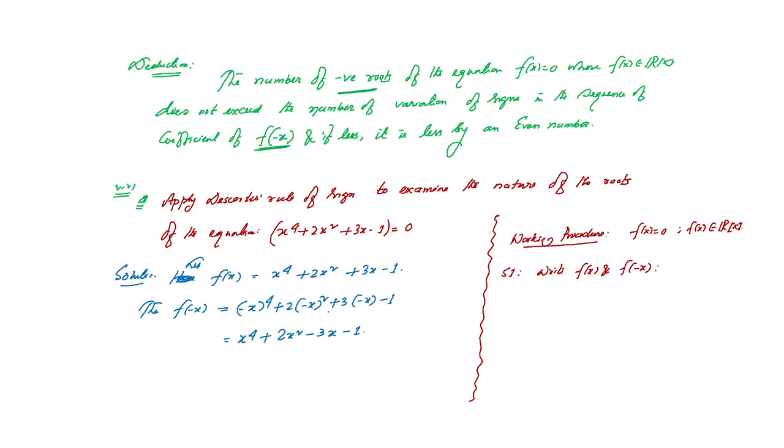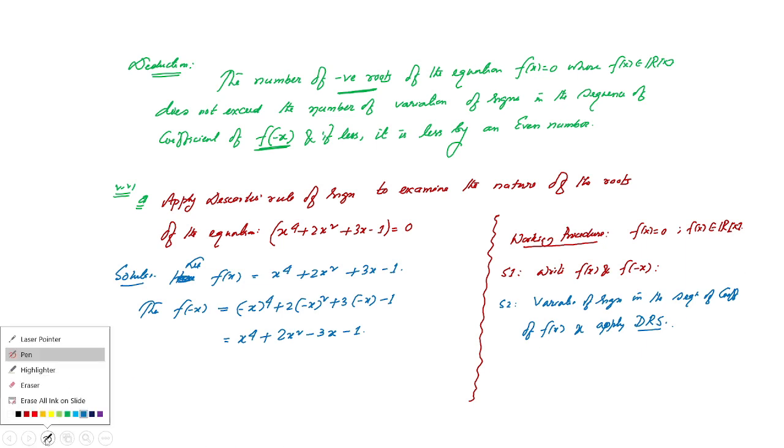Now we'll think about the variation of sign in the sequence of coefficients of f(x). That will be our step 2. So we will think about the variation of sign in the sequence of coefficients of f(x), and we apply Descartes' rule of sign. Okay, so now we'll come to step 2. What is the number of variations of sign in the sequence of coefficients of f(x)?